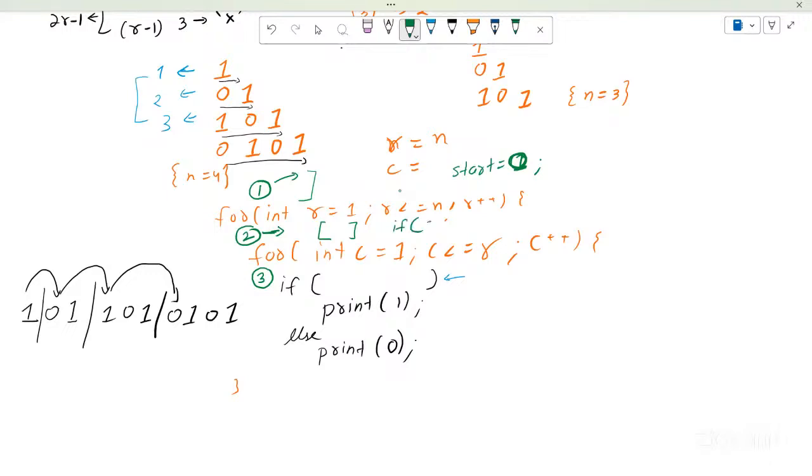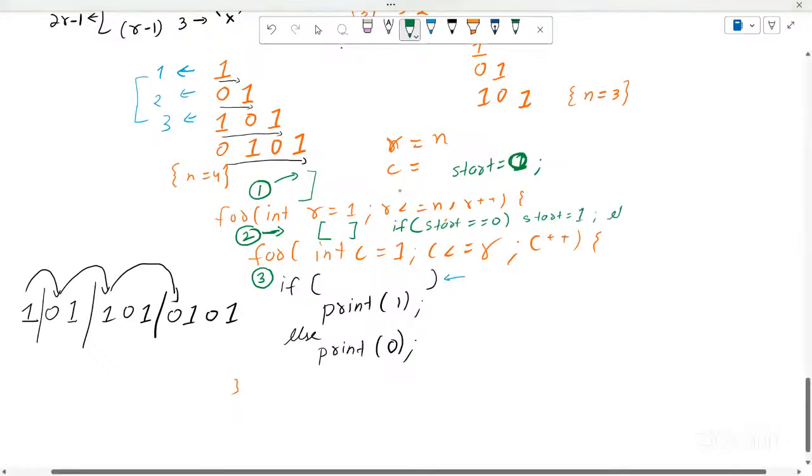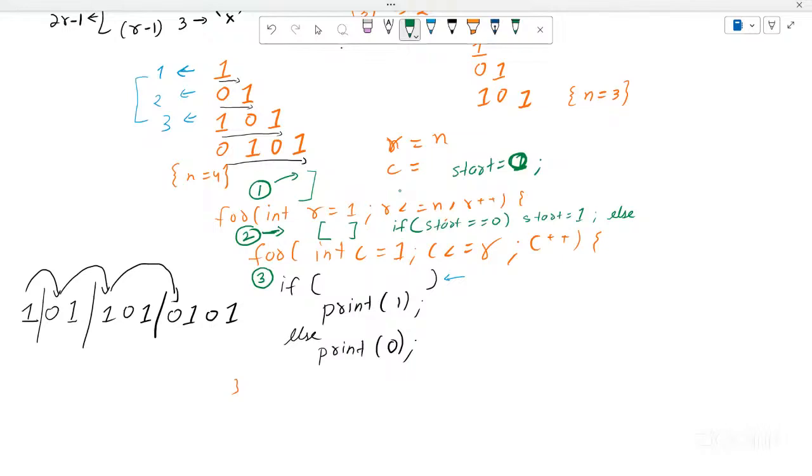If start value is 0, make it 1, else start value is 1, make it 0. So as of now, what to print, how to print, we will discuss.